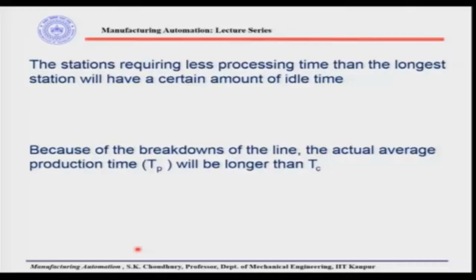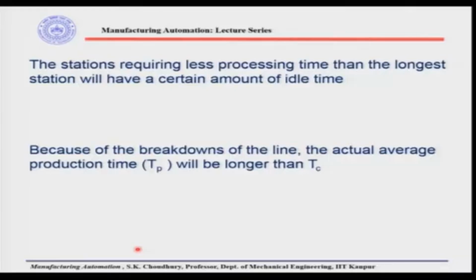Some machine may require 4 minutes, for example, another adjoining machine may require 4.5 minutes of processing time, another machine adjoining to other side may need 3.5 minutes of processing time. So, the longest one, which is maybe 5 minutes or 4.5 minutes, that has to be considered, because then only all the machines would be covered, and in that case what happens, that the machine which takes less processing time, they have to wait for some times for the parts to get transferred.